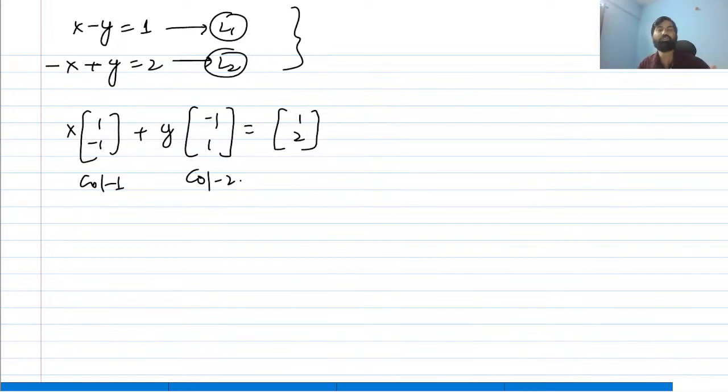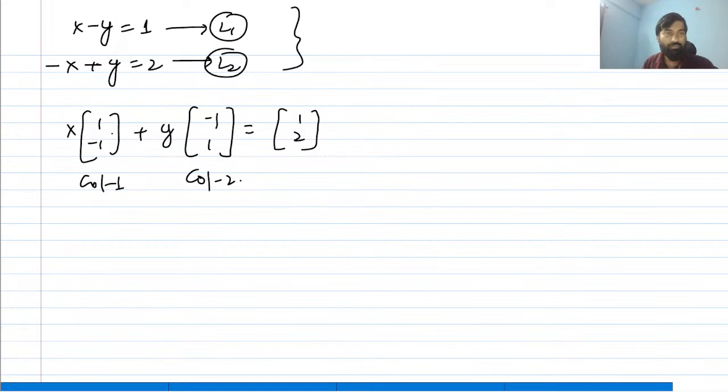Last time I told you that given a bunch of vectors you can add them, or multiply by a scalar constant to increase the length or change the direction. If you multiply a vector by minus 1, it has the same magnitude but the direction changes. That is the basic thing one should know.